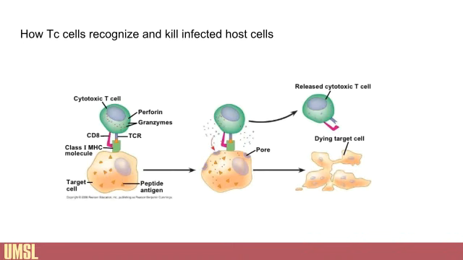Concomitantly, one of the things that happens with these cytotoxic T cells is that when they engage in this, and they've recognized an antigen on an infected epithelial cell, let's say, and it has produced a bunch of pore-forming proteins and killed off this infected cell, this target cell has now died, but what's going to happen next is that not only was this T cell important for recognizing and killing off this pathogen, but the cytotoxic T cell is now going to proliferate.